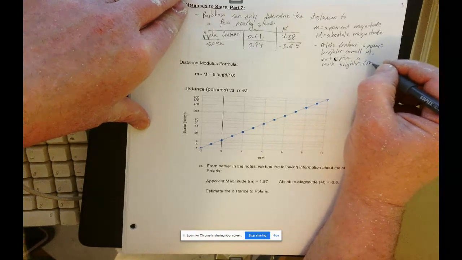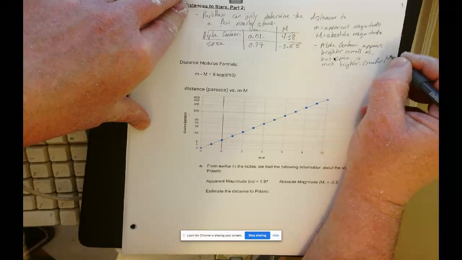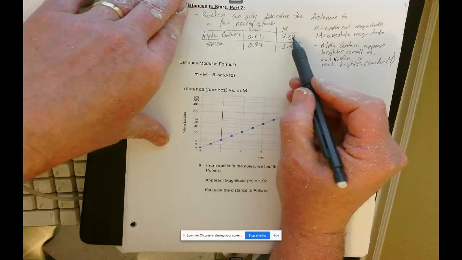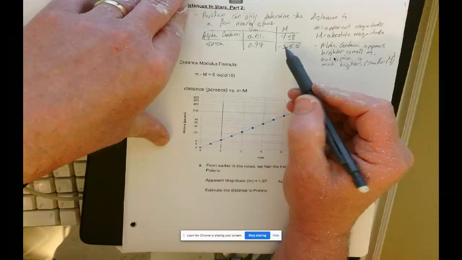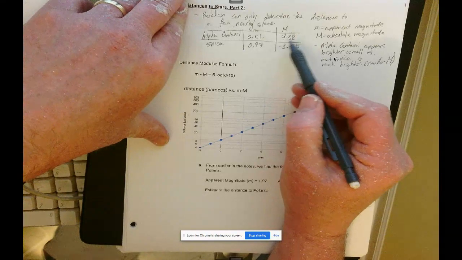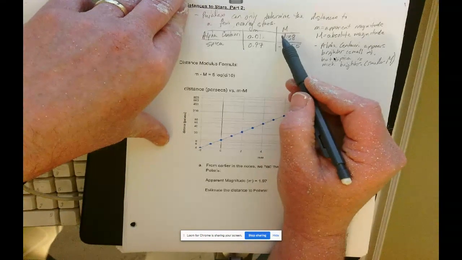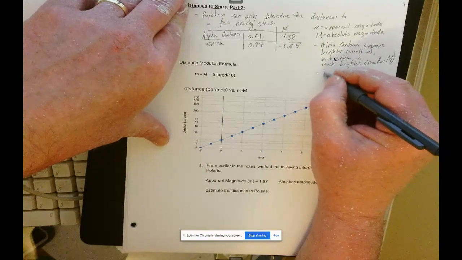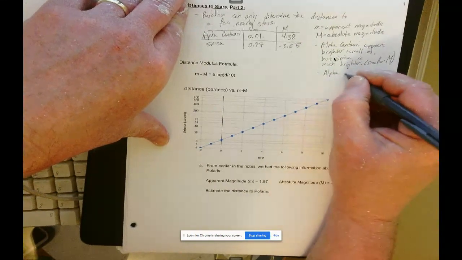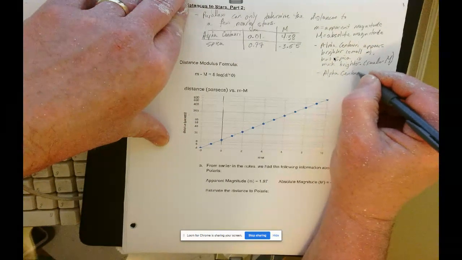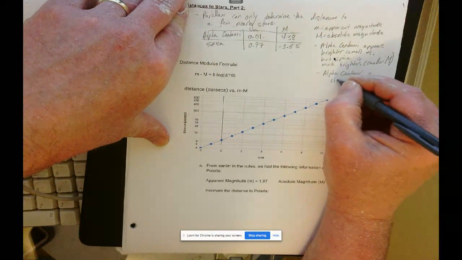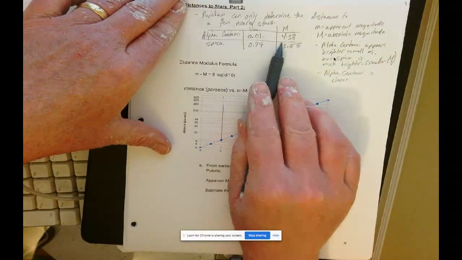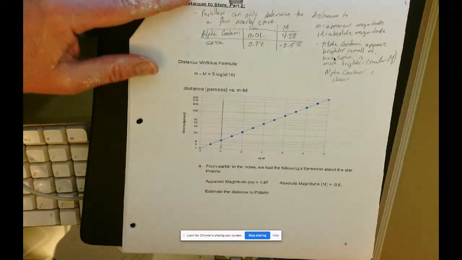It has a smaller capital M. Okay, negative 3.55. Remember, we said 6 was the dimmest star you could see, so in reality, Alpha Centauri is a pretty dim star. Why does it look brighter? It's because it's closer. And so how these vary is going to tell us something about the distance.